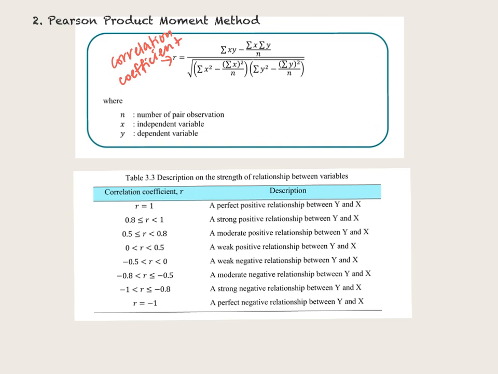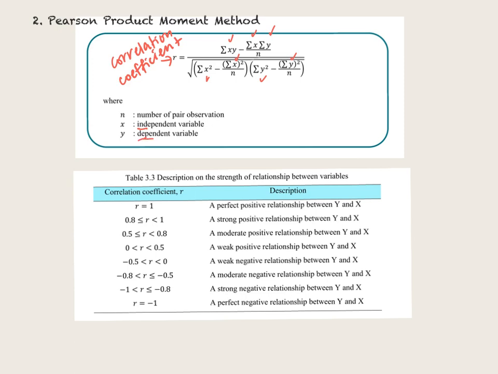The formula is actually not that hard. We only need to find the sum of x multiplied by y, and then the sum of x multiplied by the sum of y, and then the same thing we need to repeat down here. And n is the number of paired observations. X is the independent variable, y is the dependent variable.